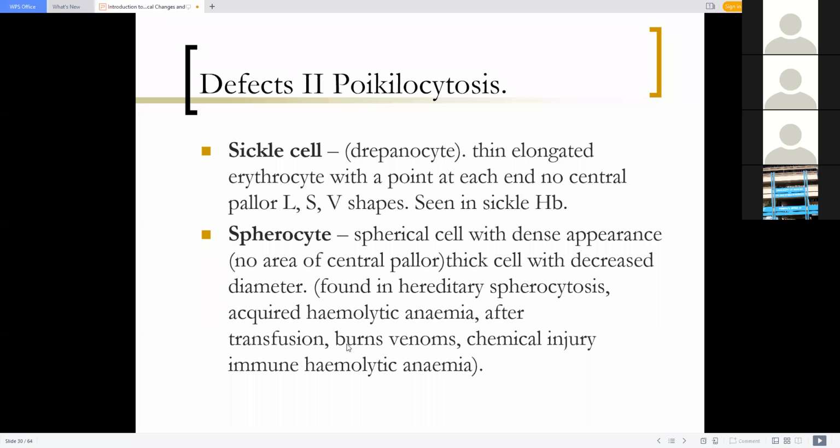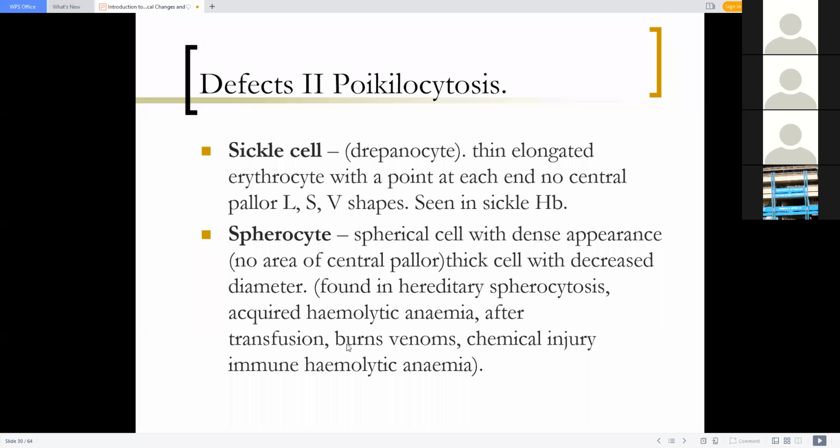And usually the component that is affected is the spectrin protein, which is the majority compound that makes up the red cell membrane.